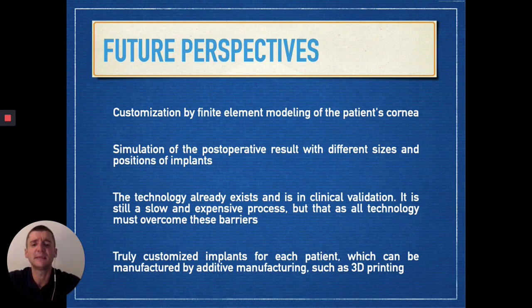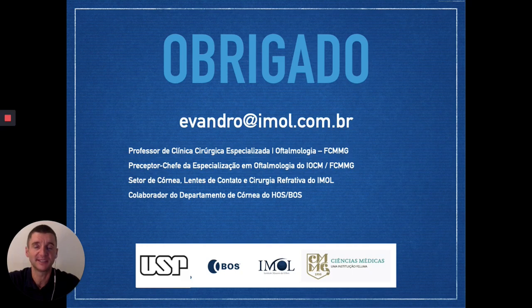Truly customized implants manufactured by 3D printing should help us a lot, producing a customized segment for that specific patient. I hope that what we talked about here helped you to start thinking about planning surgery in a different way, considering multiple parameters and customizing your surgery for the best benefit of your patient.